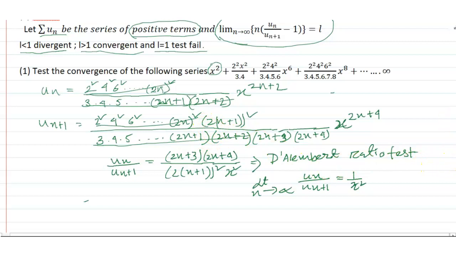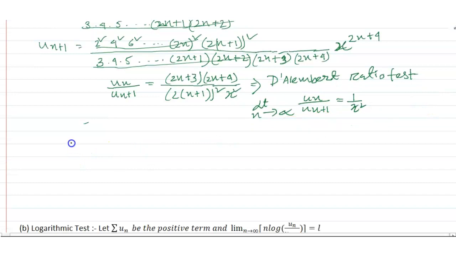Now, if 1 by x squared is greater than 1, then it is convergent. That implies x squared is less than 1.